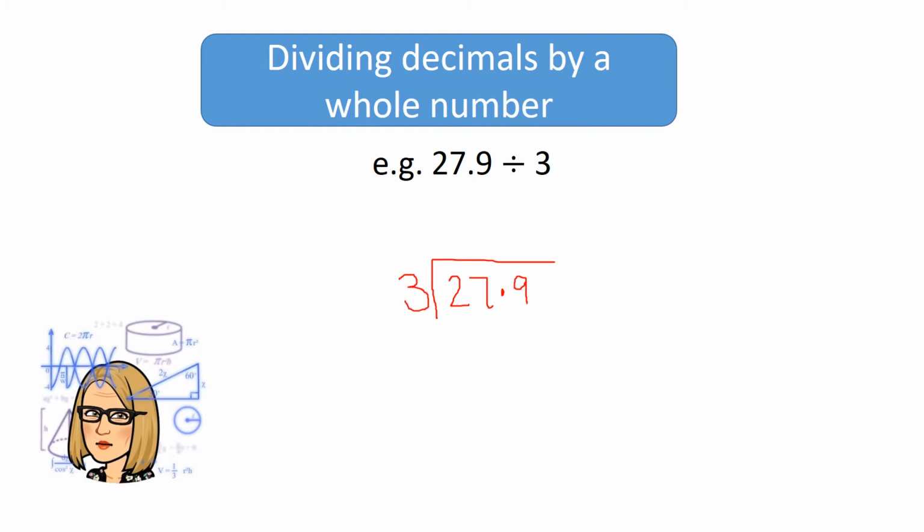So how many 3s are there in 2? There's not. So how many 3s are there in 27? And I know that 3 times 9 is 27. Put my decimal point in. How many 3s are there in 9? Well, there's 3. So my answer is 9.3, and I was expecting it to be about 9.